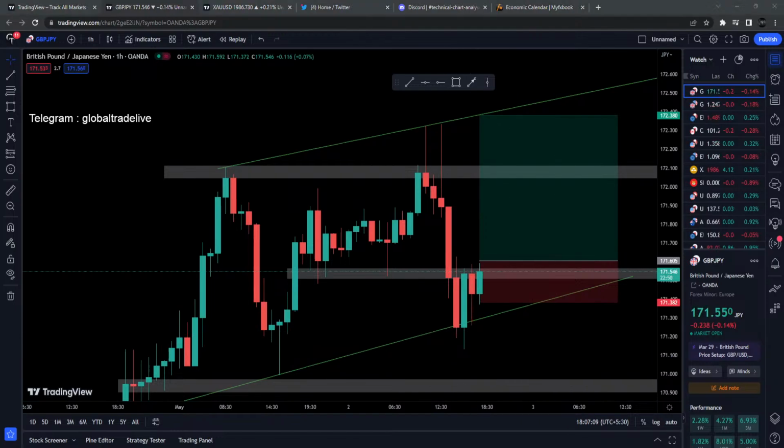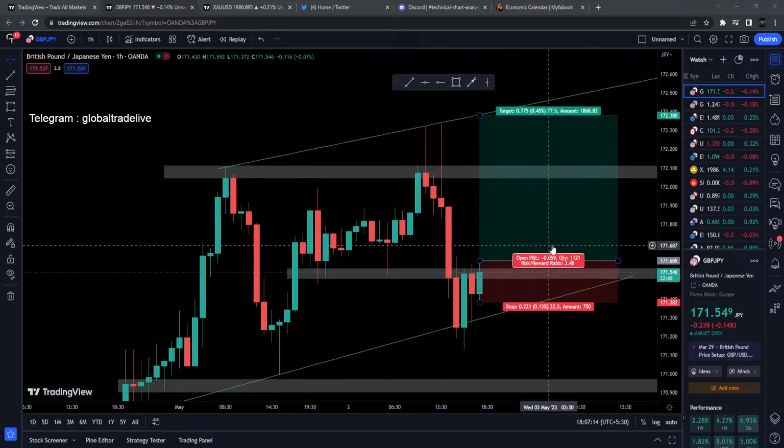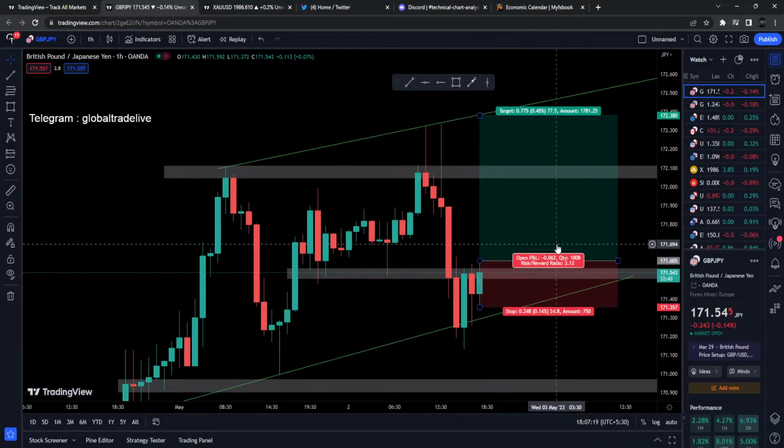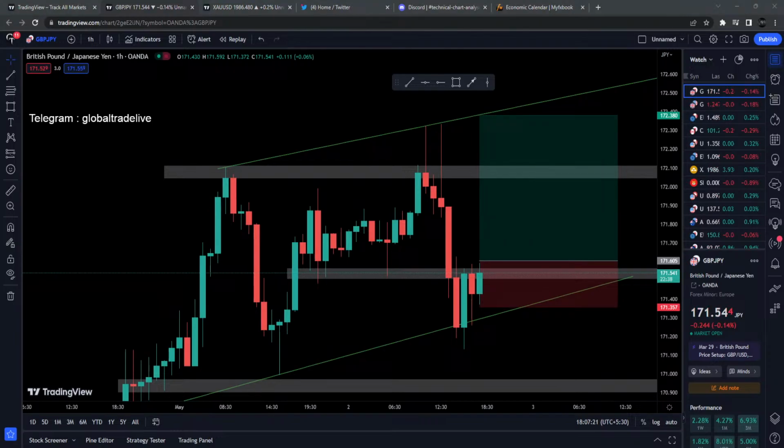So 22 minutes left for GBP JPY 1 hour candle to close. So let's see if we can take a trade.